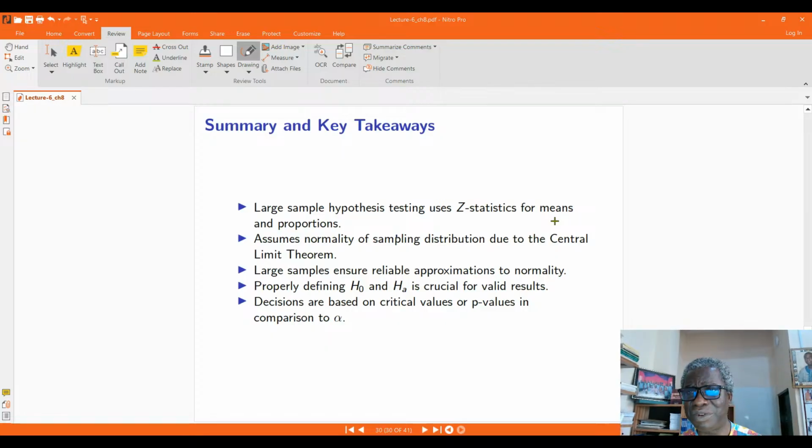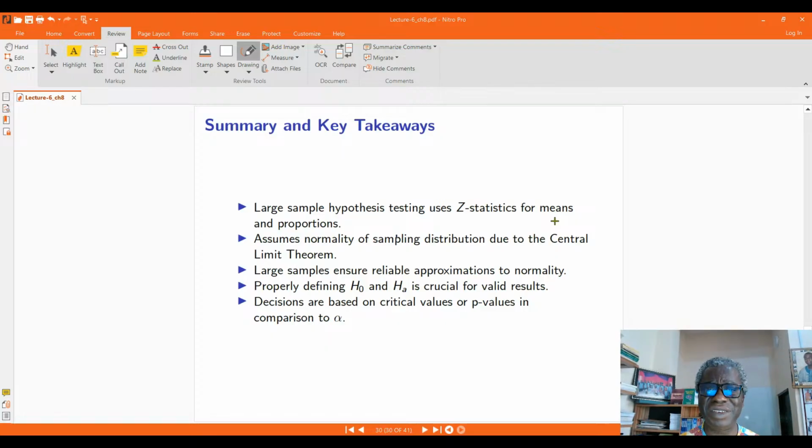You also get the critical values or the p-values before you compare the computed Z and the critical value, which depends on your level of significance, and you take a decision.